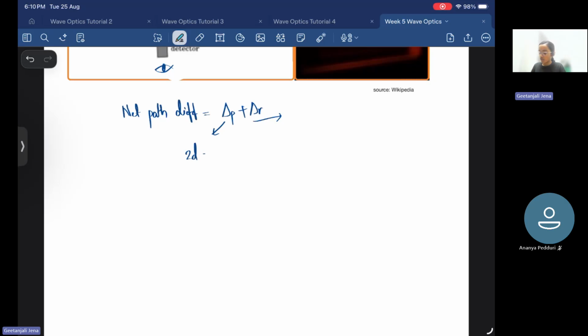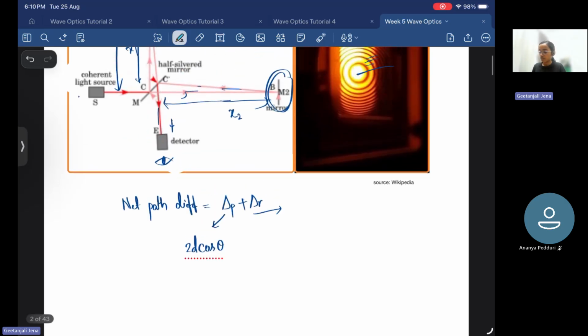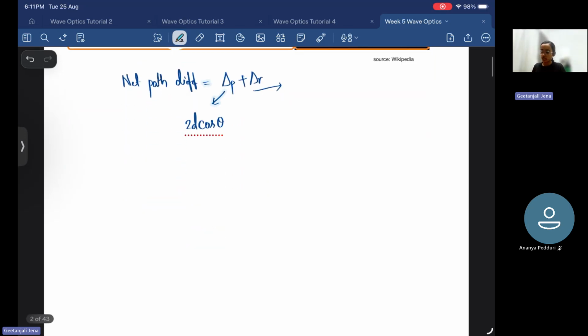Actually, it is 2nD cos theta, but mostly we take that this is air, so n is 1. And the path difference due to the reflection is lambda by 2, which corresponds to a phase difference of pi. So this is the net path difference.